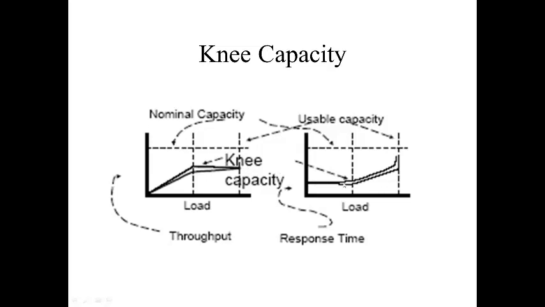The response time, likewise, you also have a knee here where it begins to build upward. So at first the response time is constant, and then it will begin to build upward, and that's the knee capacity for response time. So you always want to be cognizant of what your knee capacity is on your system, the point at which it begins to slow down.